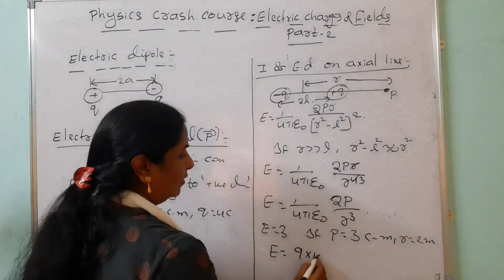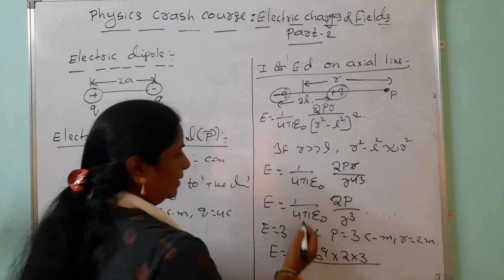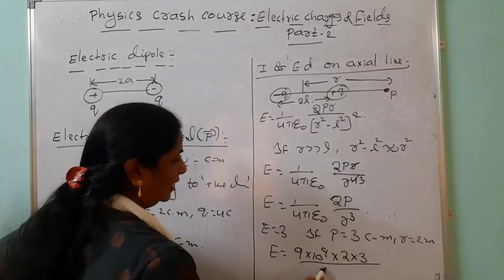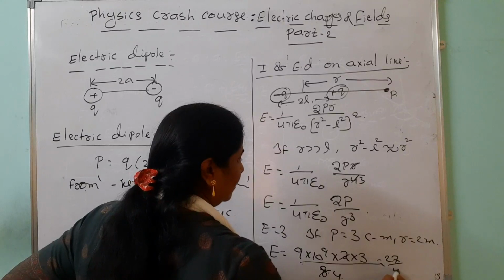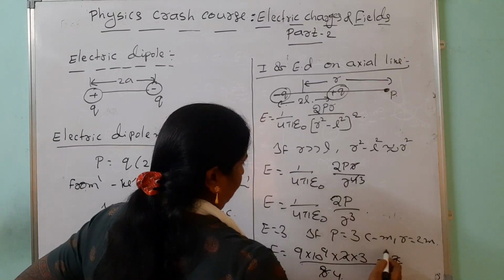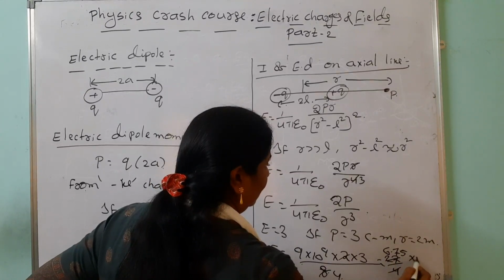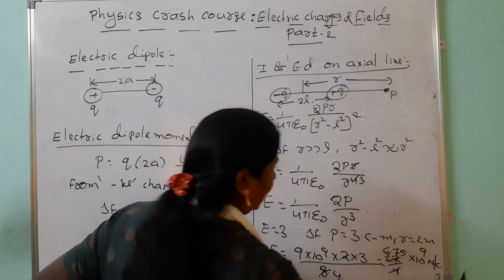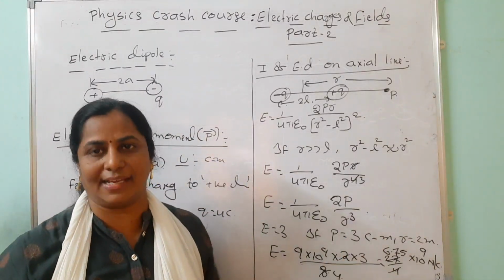We know 9 into 10 to the power of 9, 2 into 3 by r cube. We take r cube as 8. That gives 27 by 4, which is 6.75 into 10 to the power of 9 Newton per coulomb. Like that we should calculate the intensity of the electric field on the axial line.